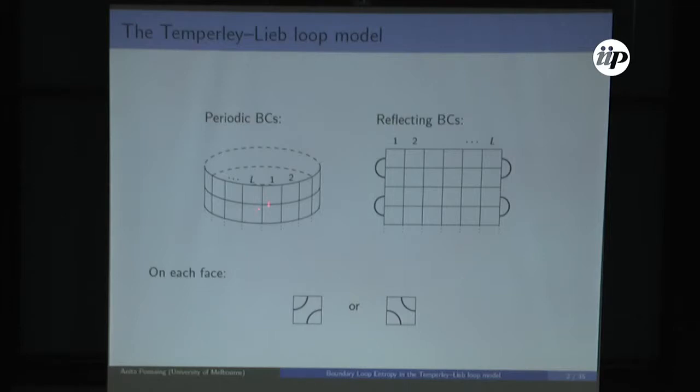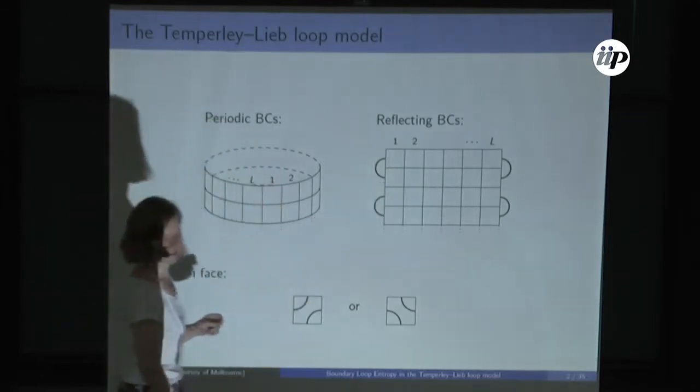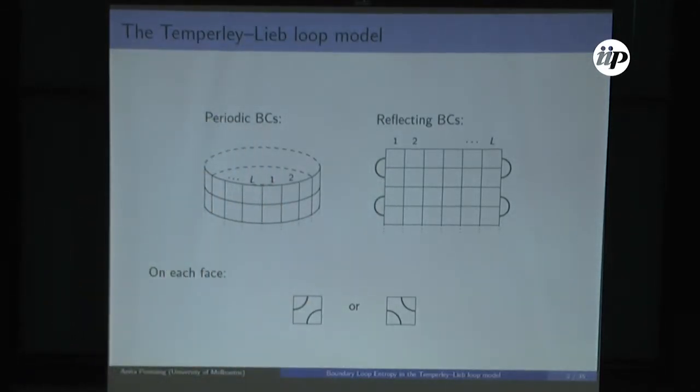And on each face of the lattice, we draw loops in one of two configurations, either like that or like that. And obviously, when the squares are neighboring, the loop goes through. And in the reflecting case, if the loop comes to the boundaries, then it just reflects into the next row, which is where the name comes from.